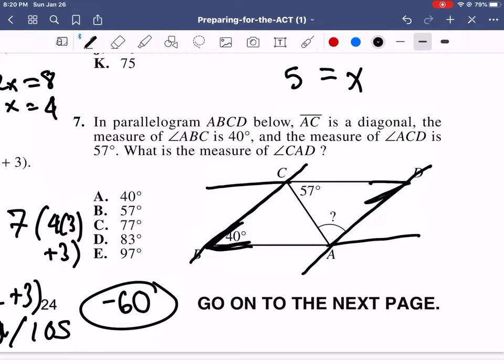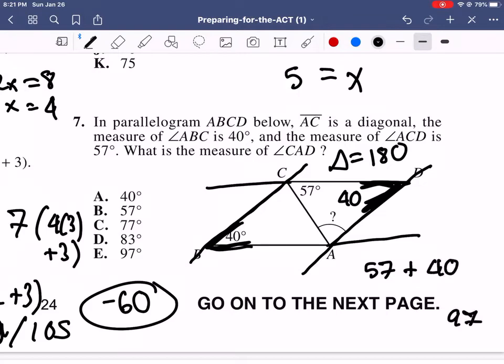I think these are interior. So this must be 40 as well. So you know that the angles of a triangle add up to 180. When you add 57 and 40, you get 97. But you have to subtract that from 180. And that gives you 83. D.